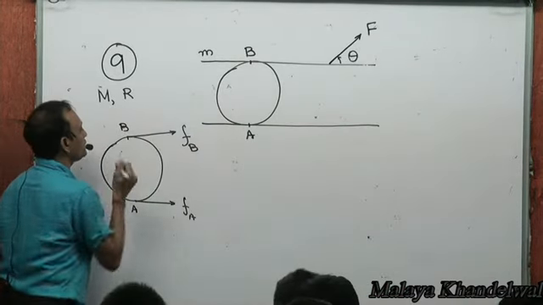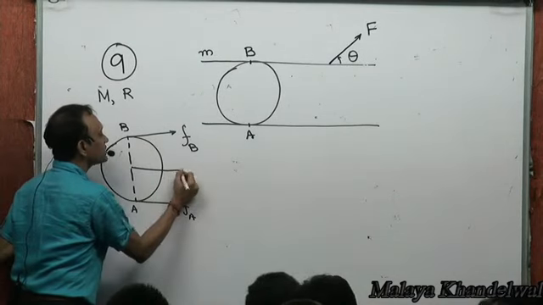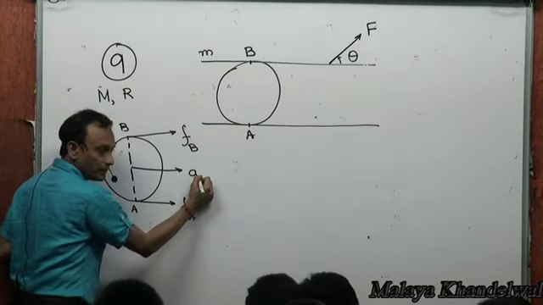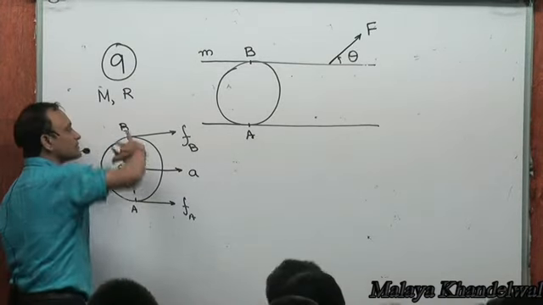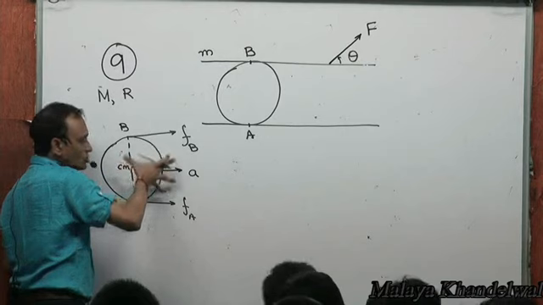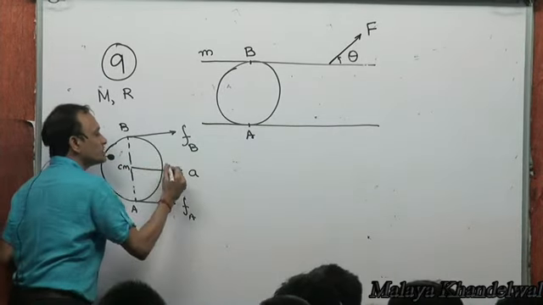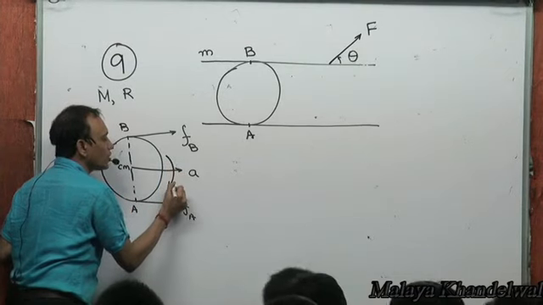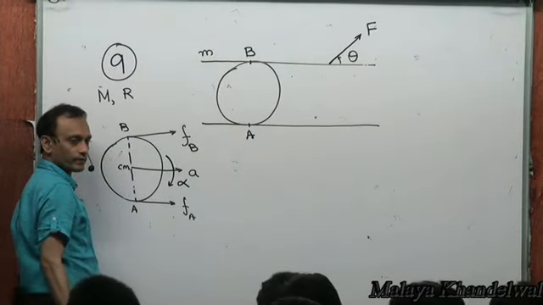Consequently, there is an acceleration of the center of mass, a, right? About the center of mass, Fb exerts a clockwise torque and Fa exerts an anti-clockwise torque. So there is a net torque, which produces an alpha like this, right?